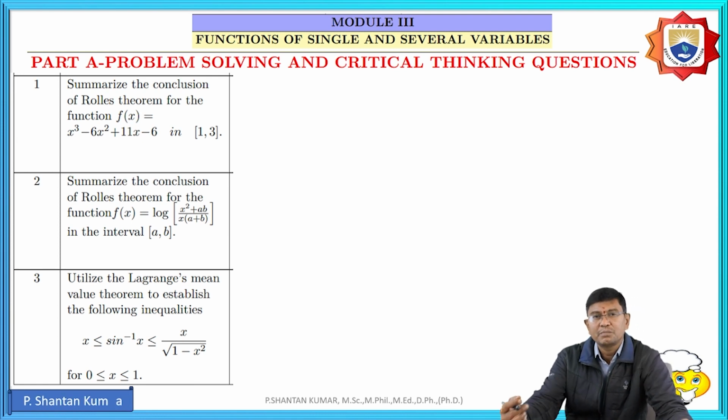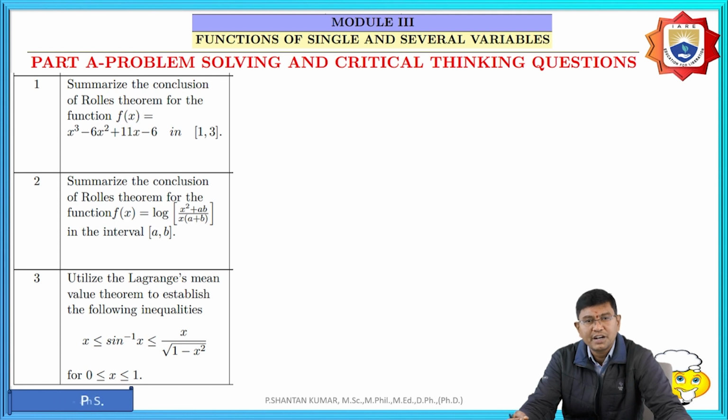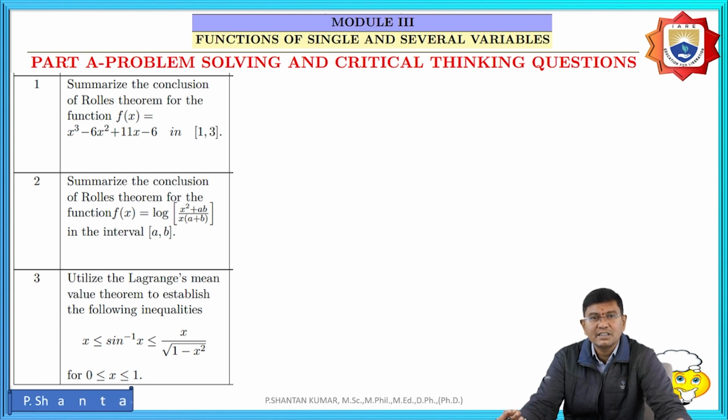What we discussed up to here, in the previous slide, these are the important topics we need to remember under Module 3, and based upon this only we need to discuss the question bank clearly. Without remembering all these points, it is not possible to discuss the question bank.